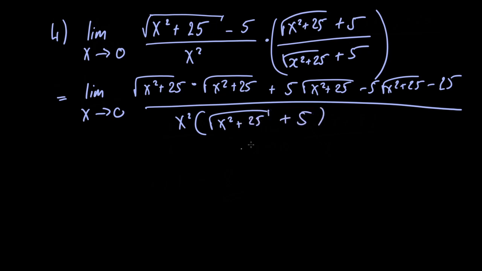The reason that I've written it in this form is that it will make it clearer to see, because essentially that's what we want to cancel. So the square root of x squared plus 25 times the square root of x squared plus 25 is just x squared plus 25 to the first power, as 1/2 plus 1/2 is equal to 1.